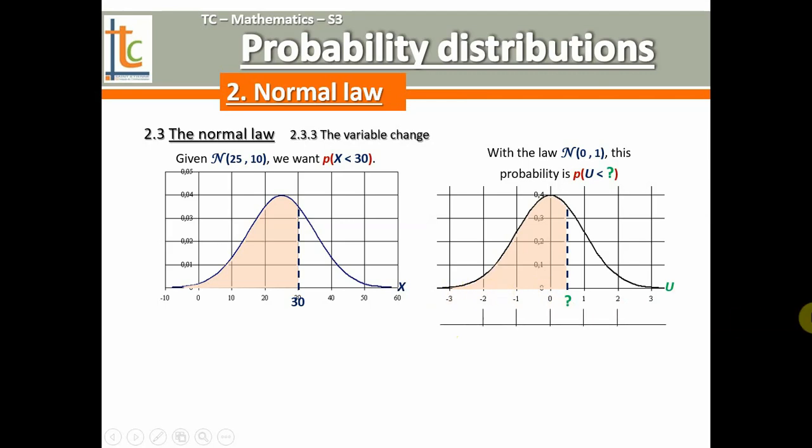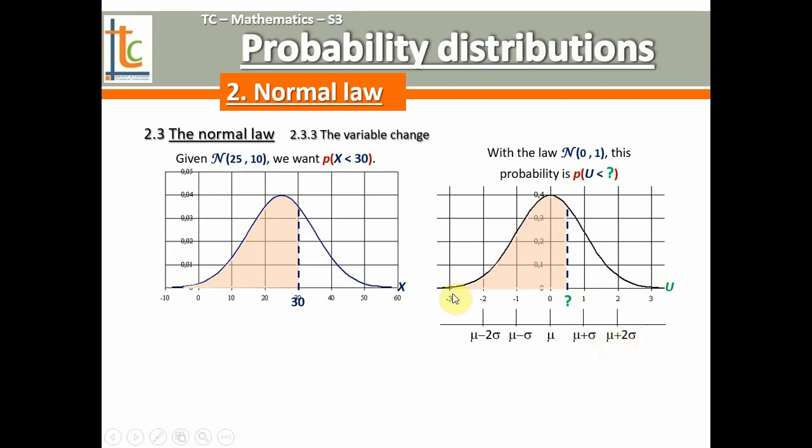At the center, we've got the mean, mu. And we can notice here that if we go from 0 to 1, we just added one standard deviation to the mean. So mu plus sigma. And if we go to the value 2 of u, we just added two standard deviations to the mean, and so on.